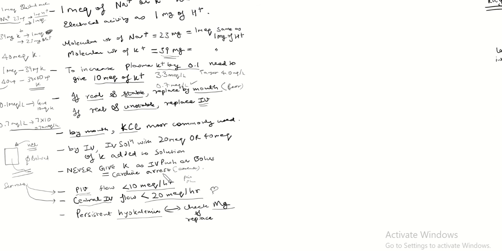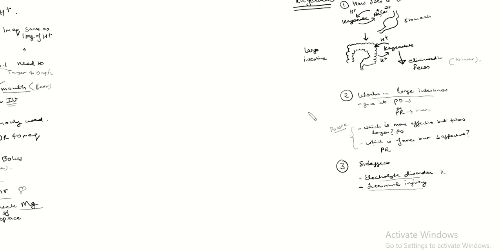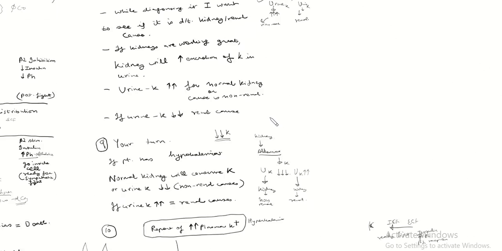Not giving it as a bolus. When we're giving potassium through IV through a central line, we do it at less than 20 milliequivalents an hour. Through a PIV, it's less than 10 milliequivalents per hour. And when you see hypokalemia, check their magnesium. That needs to be replaced as well if it's low.